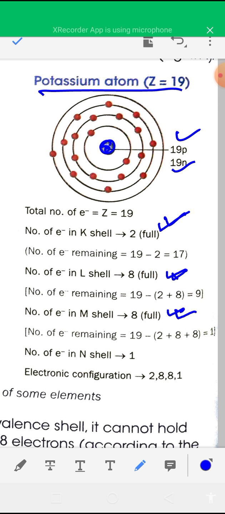Do not give 9 electrons in the third shell, although it can accommodate maximum 18 electrons, because the valence shell cannot accommodate more than 8 electrons. So in the M shell you give 8 electrons, and the remaining 1 electron you give in the N shell. So the electronic configuration of potassium is 2, 8, 8, 1.